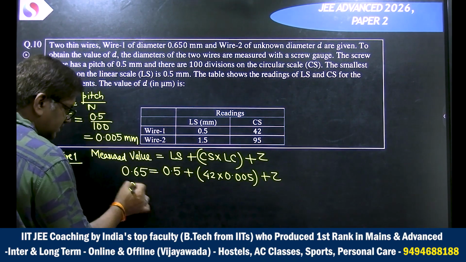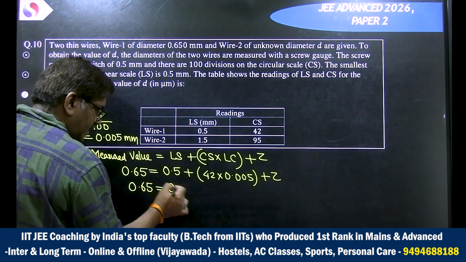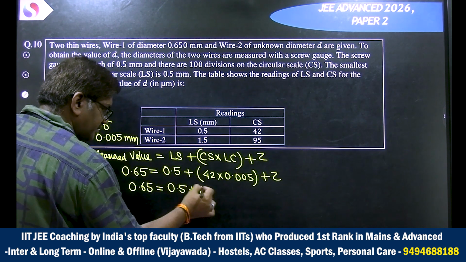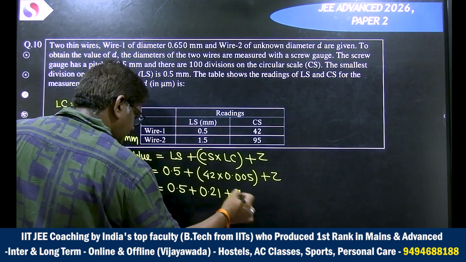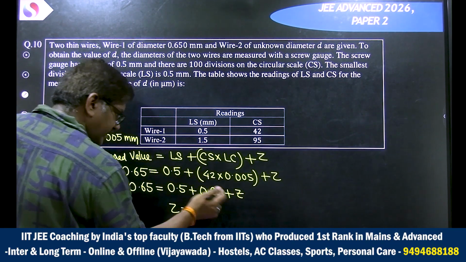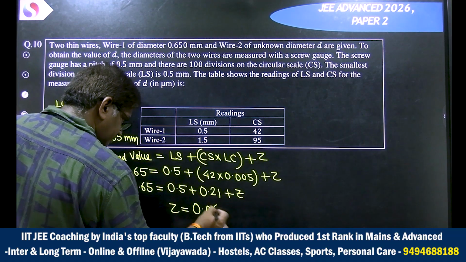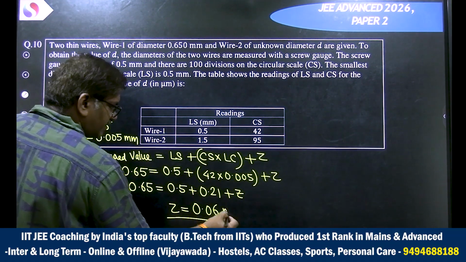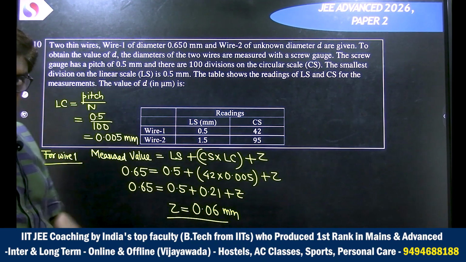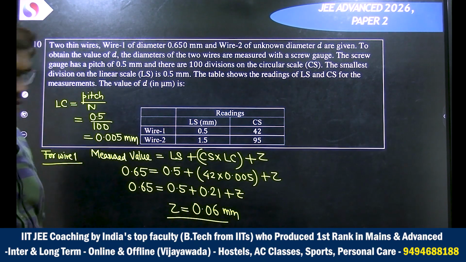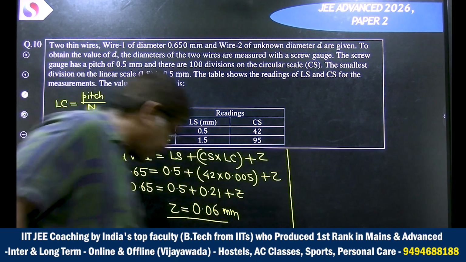So this is 0.5, this is 21, that means it is going to be 0.21, plus z. What is the z value? 0.71 minus 0.65, that will be 0.06. So 0.06 mm will be your zero error, and this zero error will work for your wire 2 also, obviously, because you are using the same screw gauge, same circular scale. So zero error is not going to change.